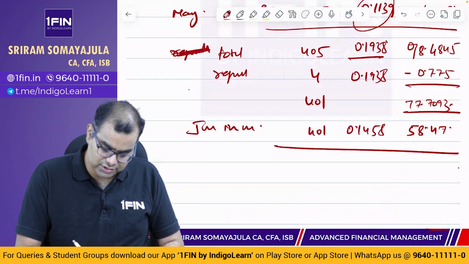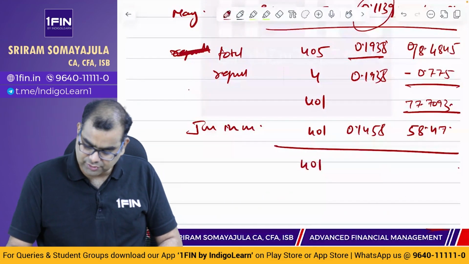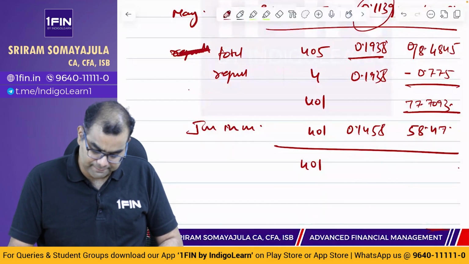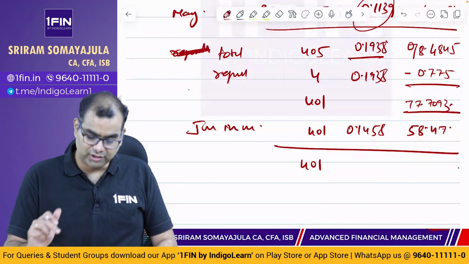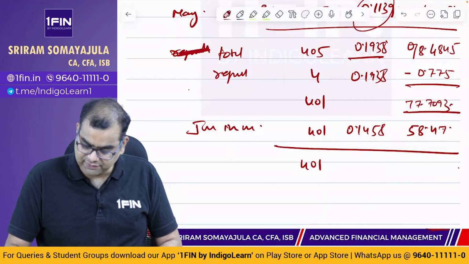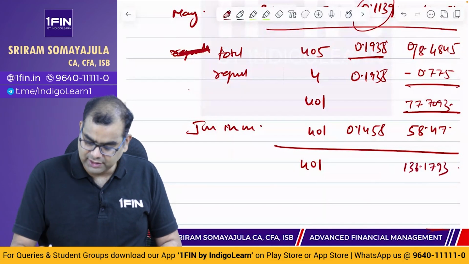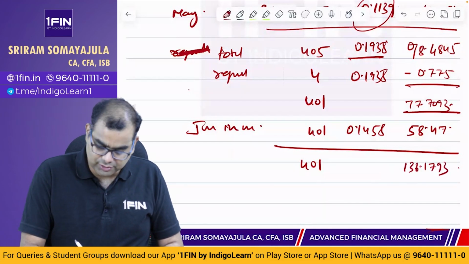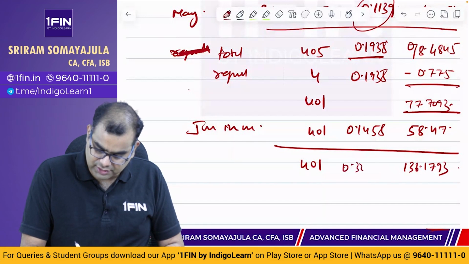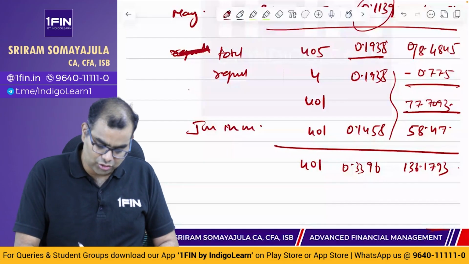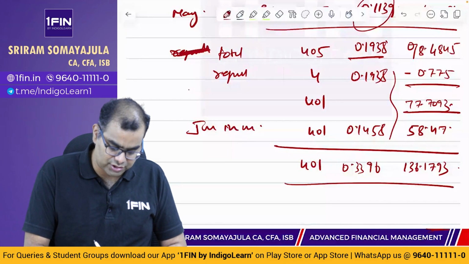So total value is for 401 units: 77.7093 plus 58.47. You get 136.1793 divided by 401. You get 0.3396. So this is the income available for distribution.